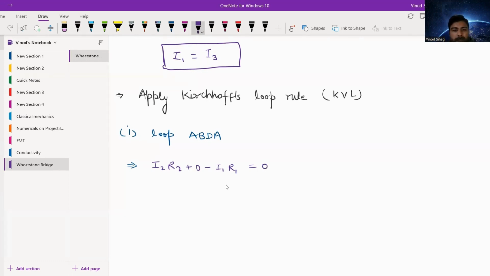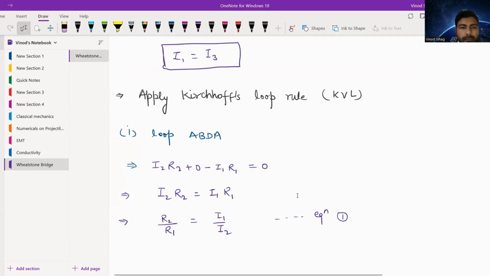Okay, so this will be the first equation, or we can write here I2R2 equals I1R1, or we can write that R2 upon R1 will be equal to I1 upon I2. Equation number 1.